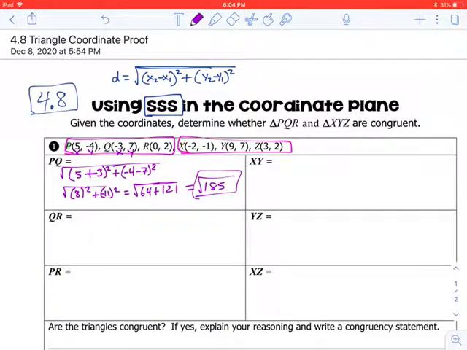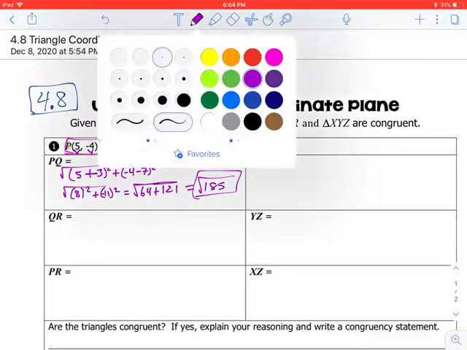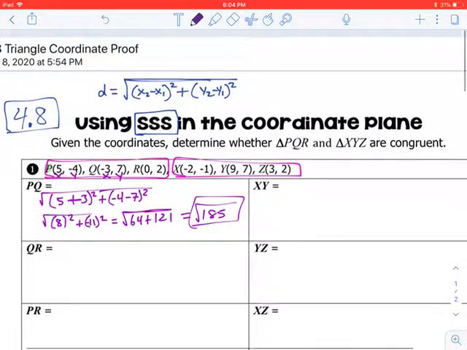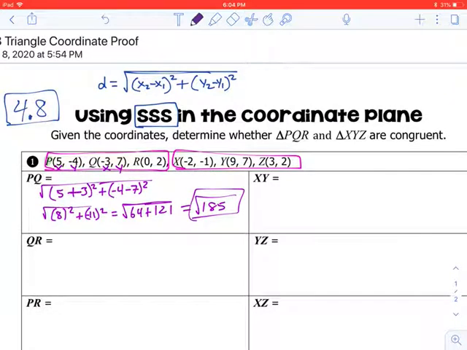So let's find out if xy is equal to that. So xy is x minus x. So I'm going to go -2 minus 9 squared plus, and then we've got y minus y, so -1 minus 7.